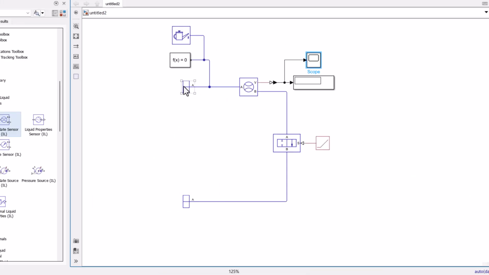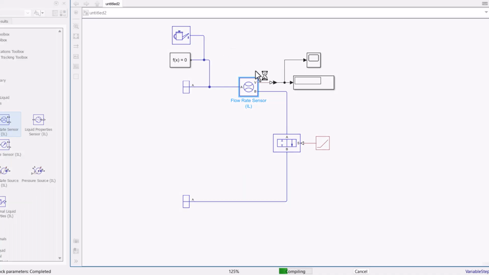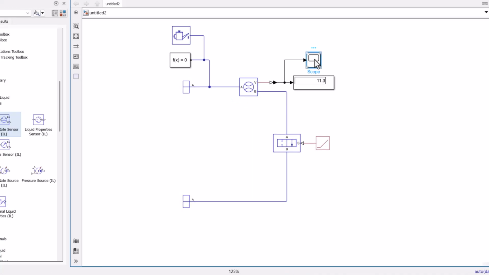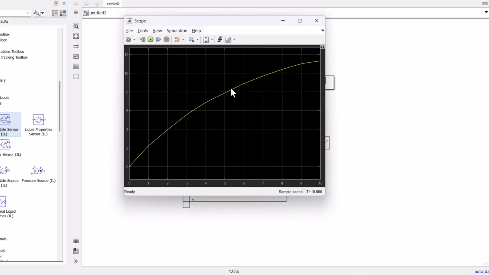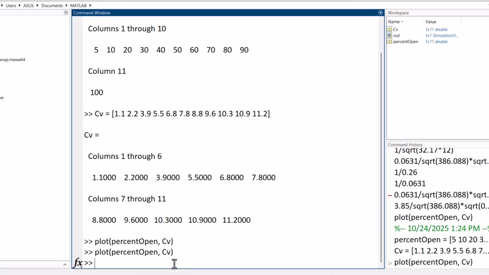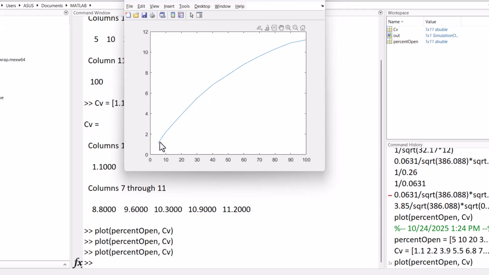And in this model, the pressure drop is set to constantly 1 psi. And when the valve is going from fully closed to fully open position, the flow rate is going to change accordingly. And now I see the scope, and it is somehow similarly looking to this plot.